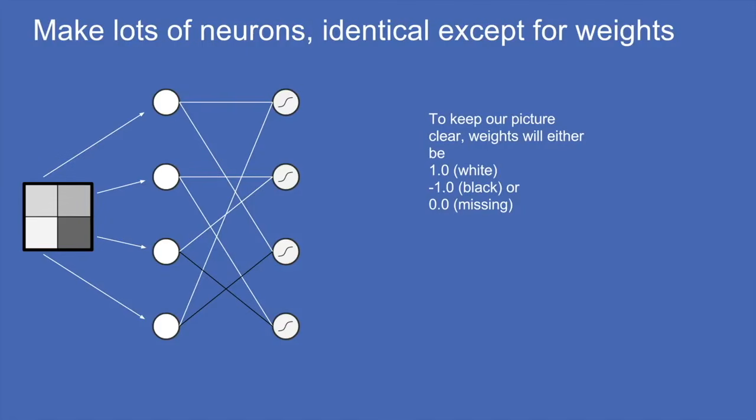Now, to keep our picture clear, we'll assume for now that the weights are either +1, white lines, -1, black lines, or 0, in which case they're missing entirely. But in actuality, all of these neurons that we created are each attached to all of the input neurons, and they all have some weight between -1 and +1.